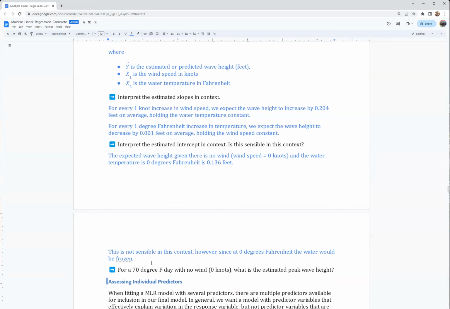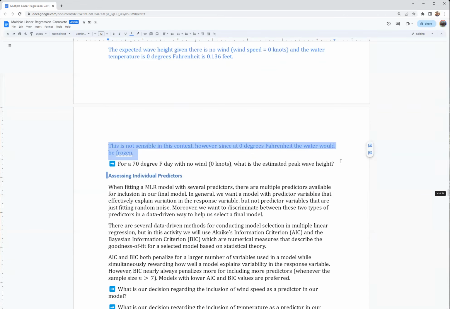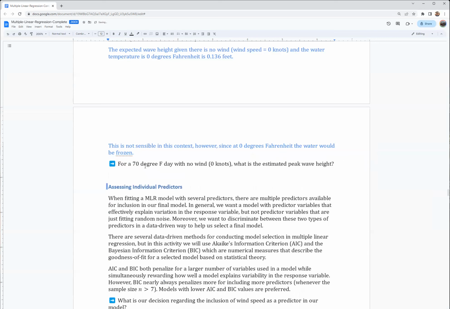That could be possible. But here at 0 degrees Fahrenheit, it's definitely going to be frozen. So it's good to note that this is not a sensible interpretation. But what we can do is get a predicted value for a 70-degree day with no wind.